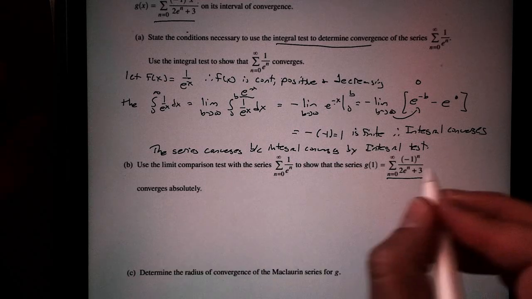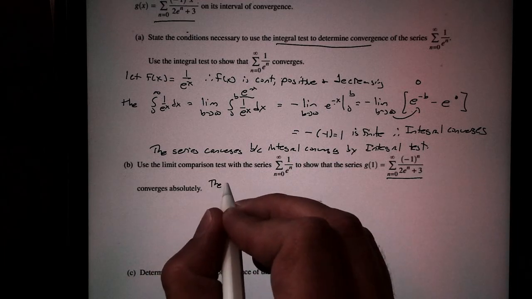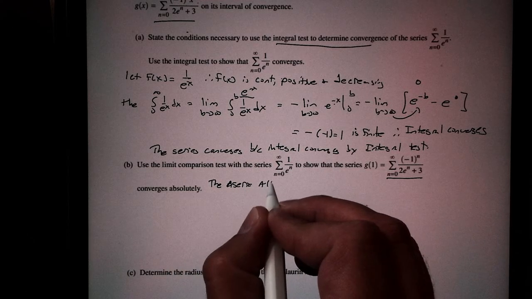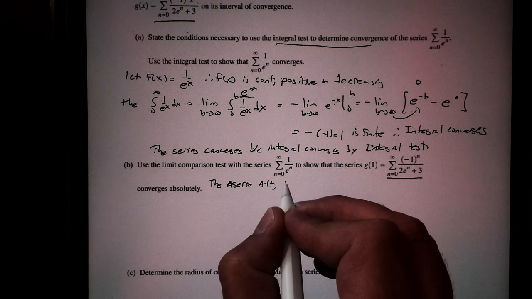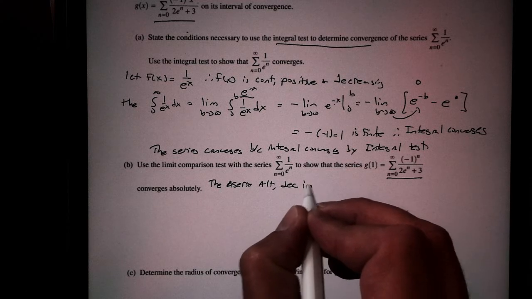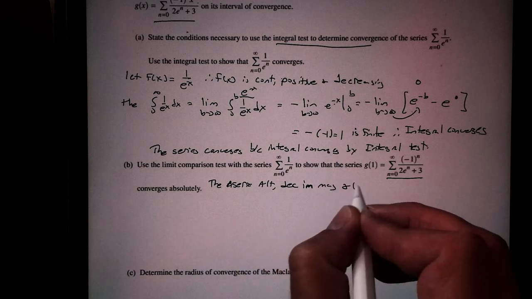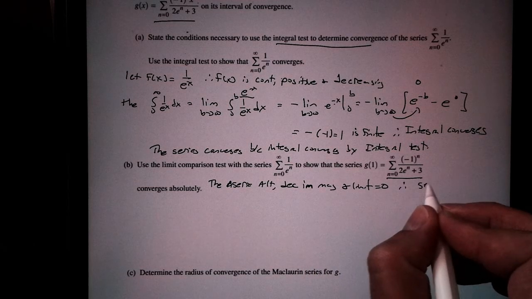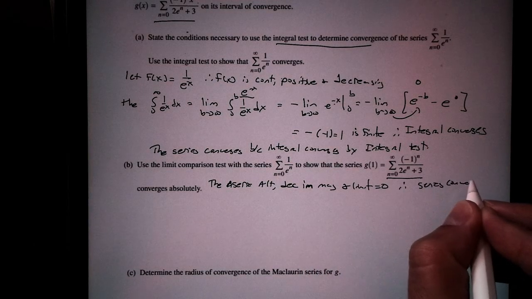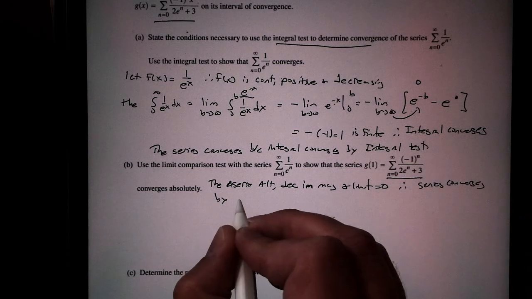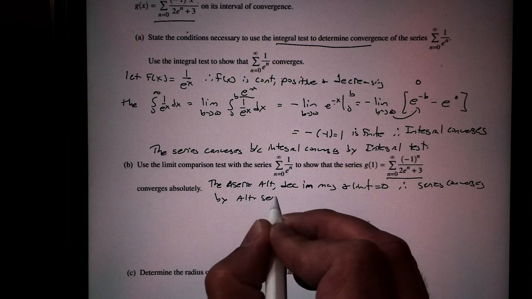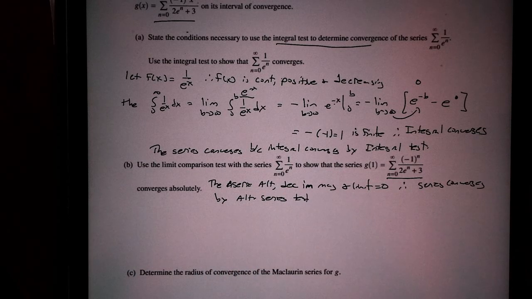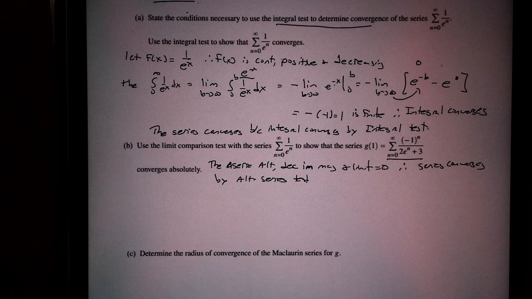So the series alternates, decreases in magnitude, and the limit equals 0. Therefore, the series converges by alternating series test. So I'm just going to say that it converges. They may not want it, but I'm going to put it out there anyways.